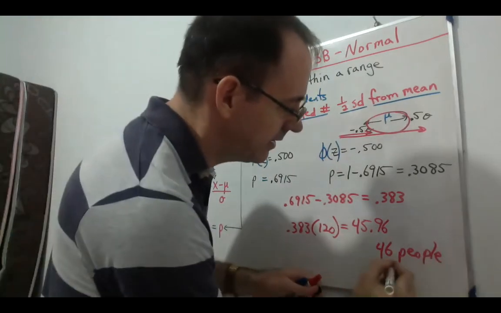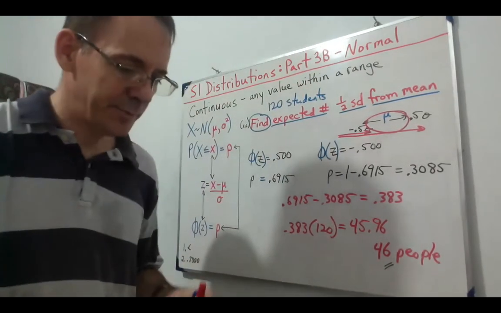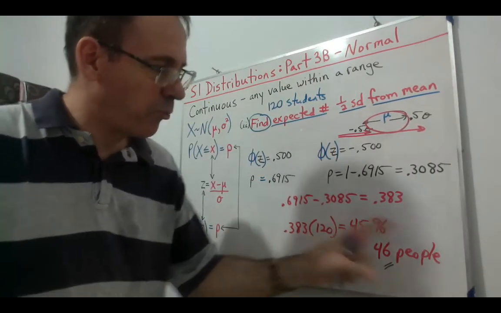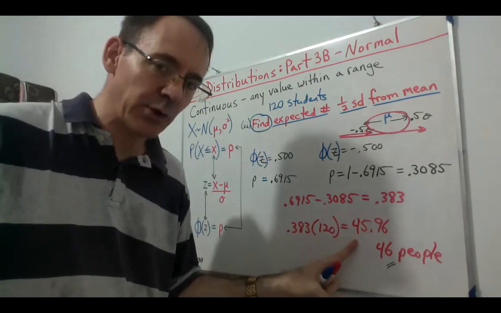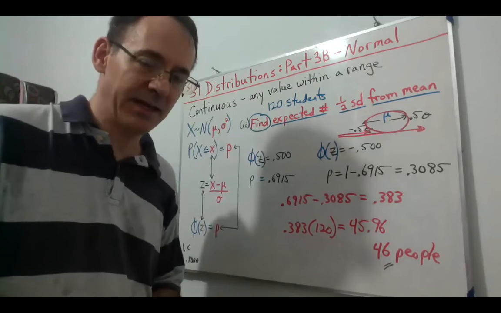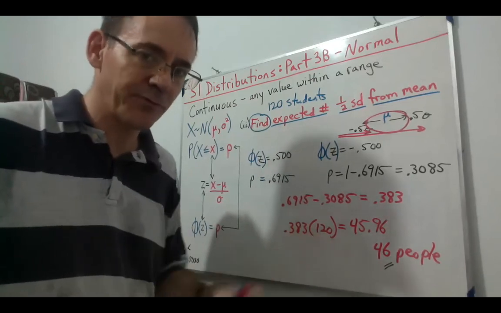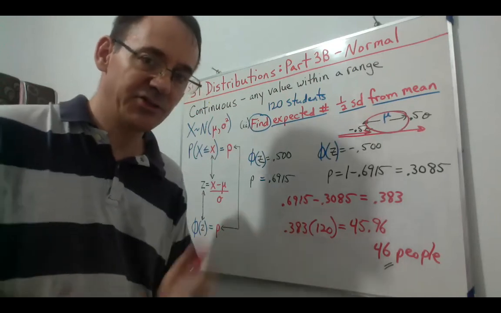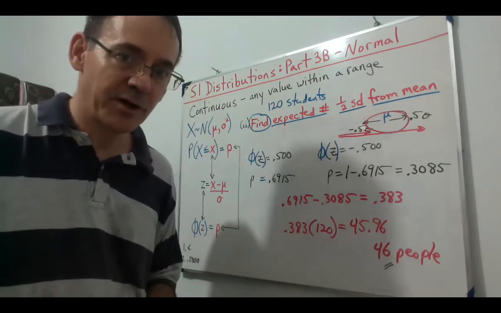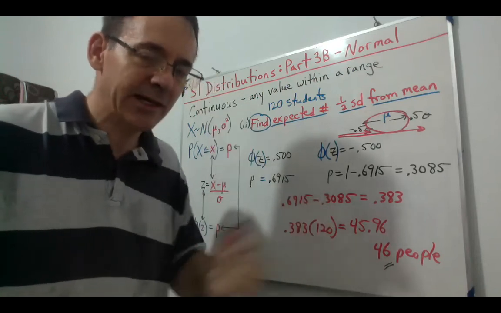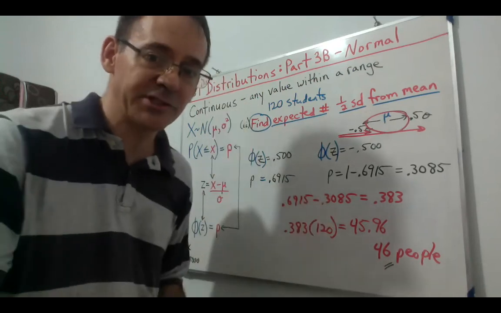So 46 would be our answer. If you happen to feel like, well, I can't go more than that, and you rounded it down to 45 because it wasn't yet 46, they would accept that as well. You could give 45 or 46, and hopefully you don't do 45.96 because you can't have a decimal of a person. So remember, math isn't just doing calculations, it's thinking about what you're doing.